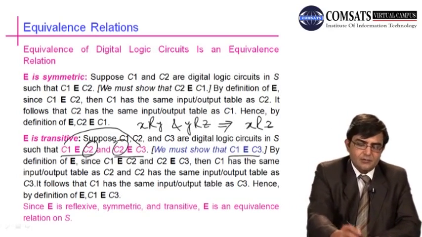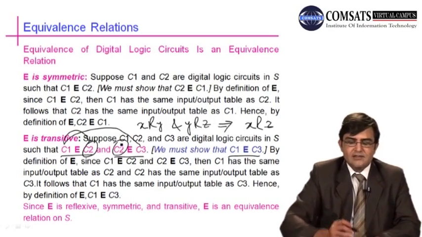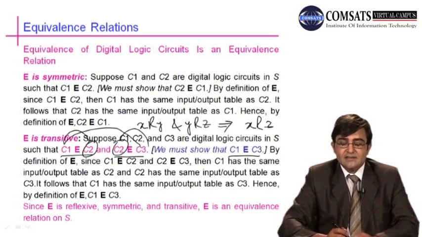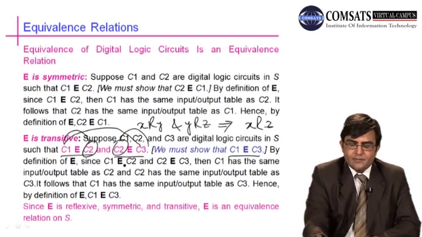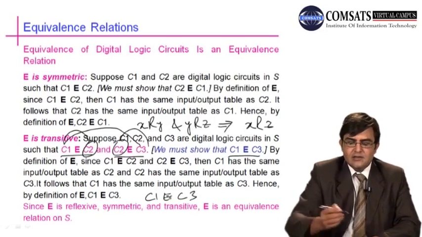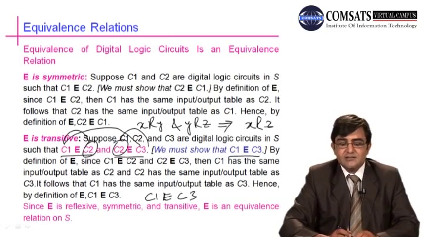So C1 is related to C3. This relation is also transitive.